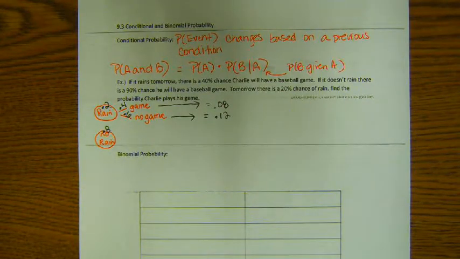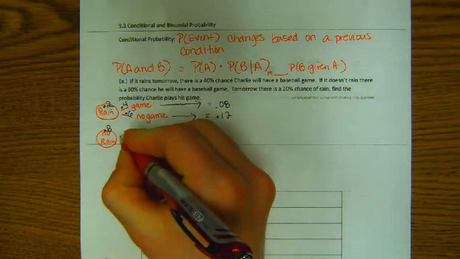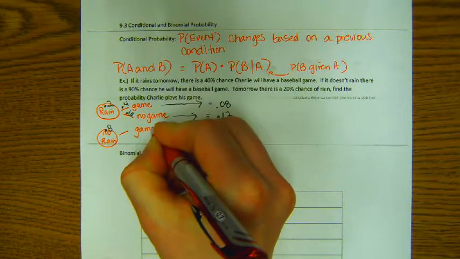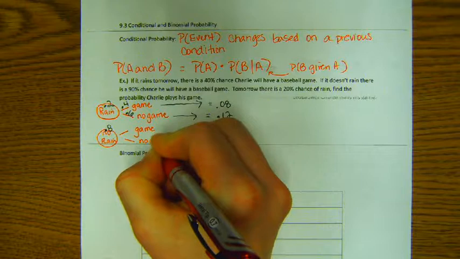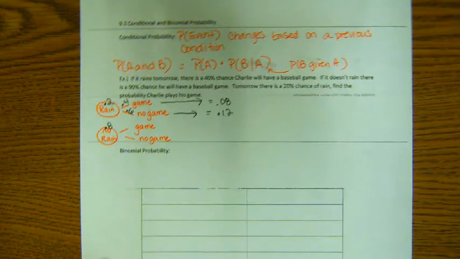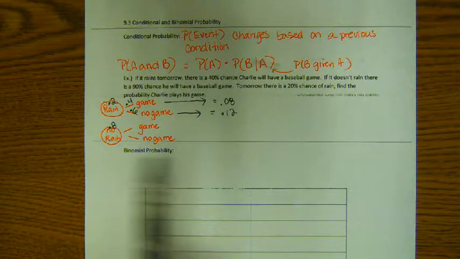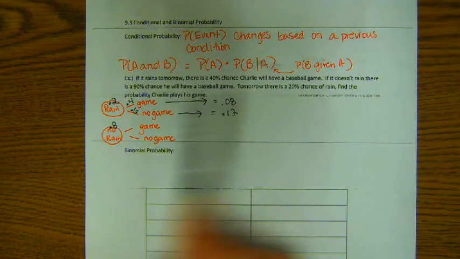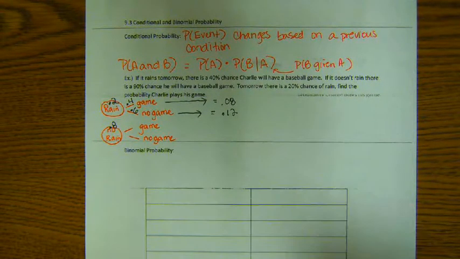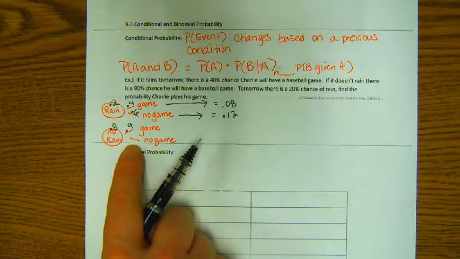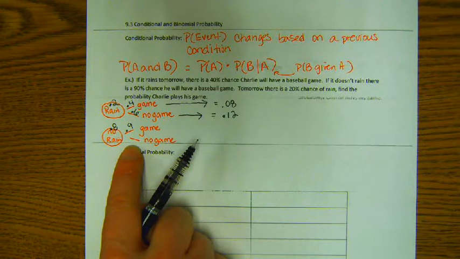So if there is no rain, there is still those two possibilities of a game and no game. So it says here, if it doesn't rain, there is a 90% chance he will have his baseball game. So I'm going to put a 0.9 here, which implies what's the percent chance that he would not have a game? 0.1.